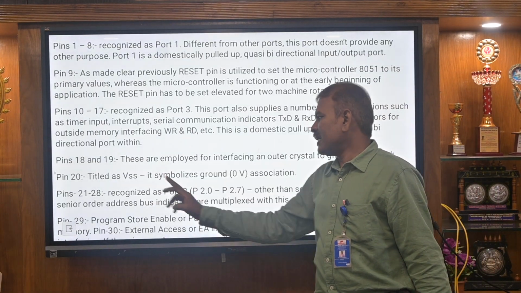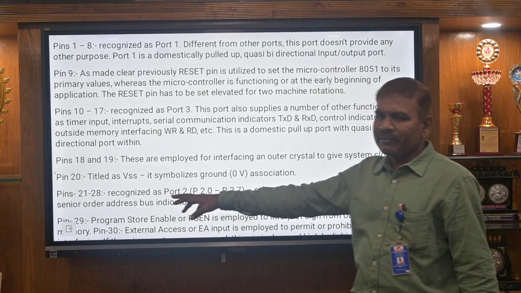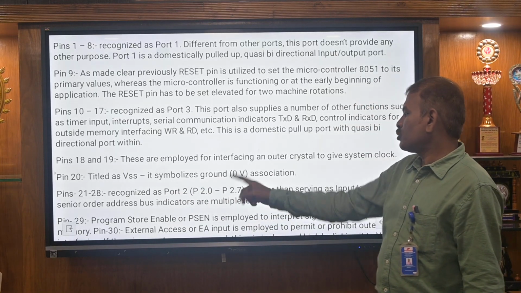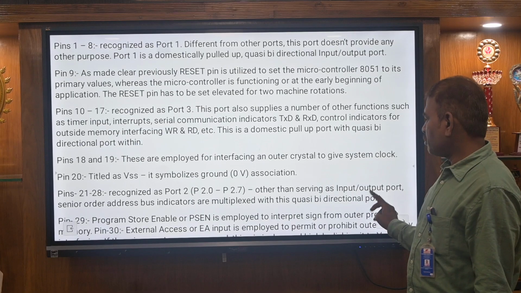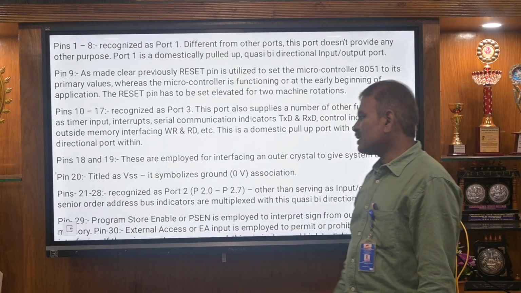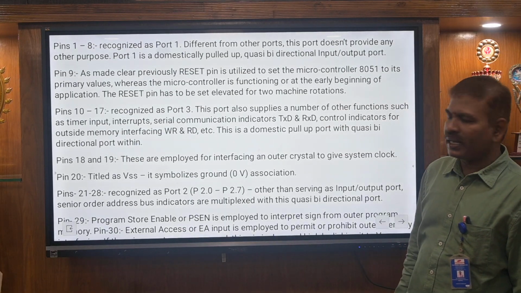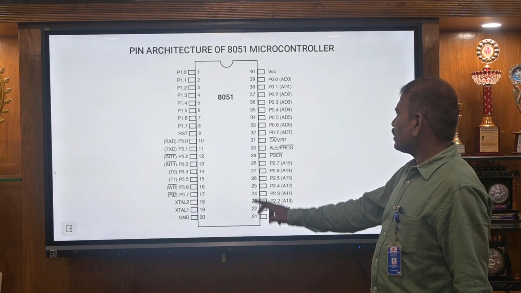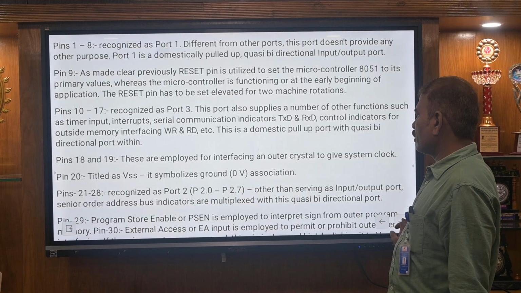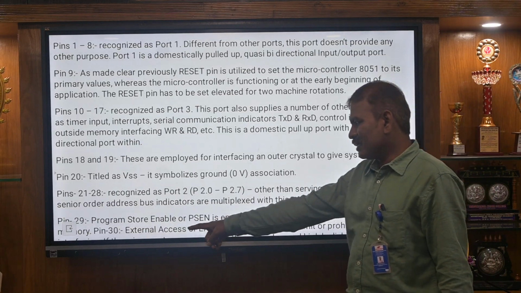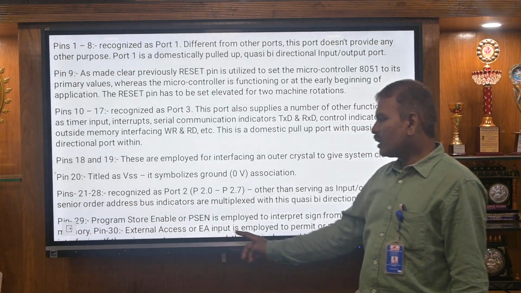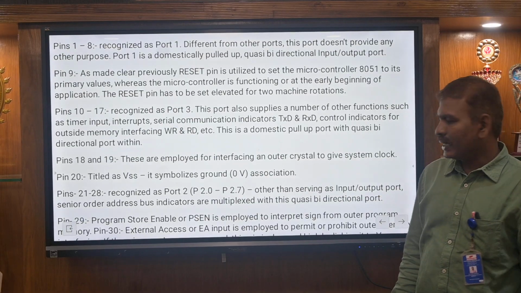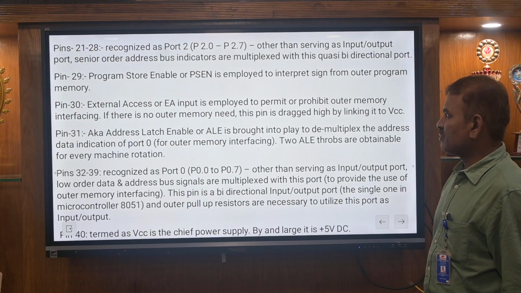Then 20 is the ground, and then 21 to 28 is port 2, other than serving as an input output port, and then pin 29 is program store enable, and pin 30 is for external access EA.